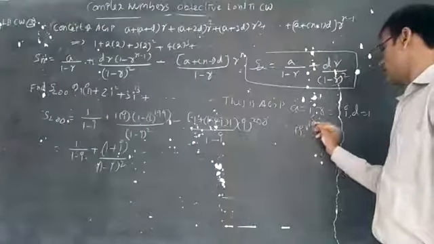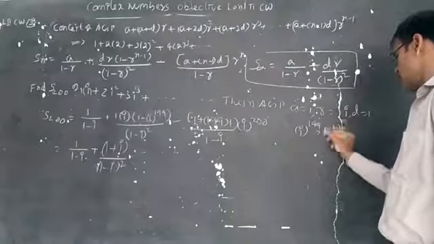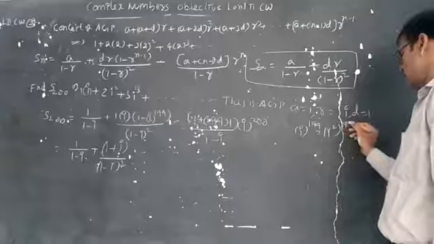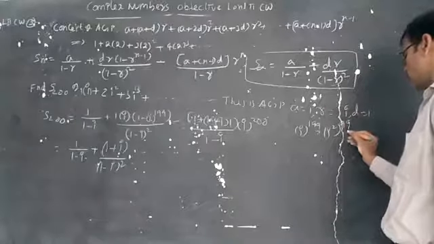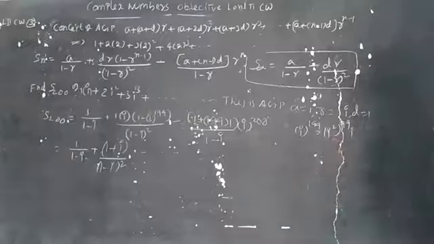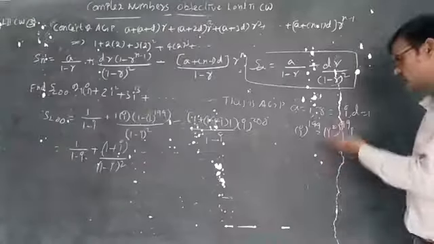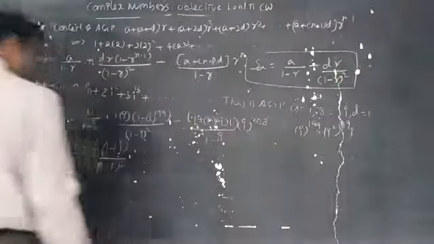Writing this in rough: i power 199 is i power 198 into i, so i power 198 is i square whole power 99 into i. i square is minus 1, power 99 is odd, so it is minus; already minus is there, so plus you can write.